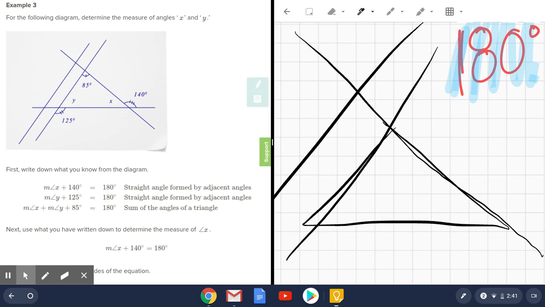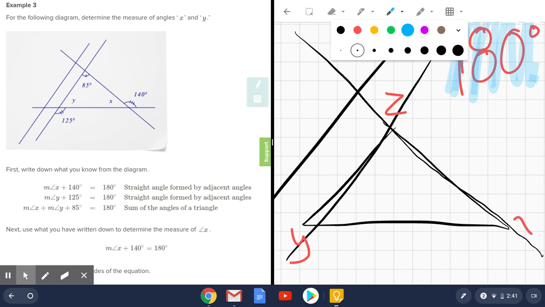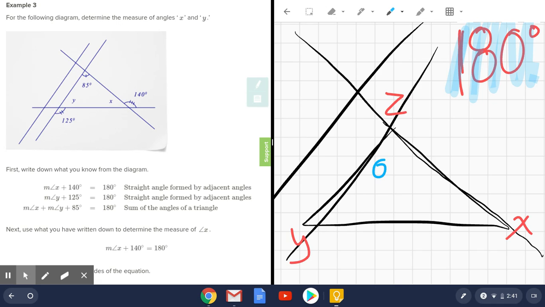So we have 85 degrees for angles X, Y. So this is going to be Z, X, and Y. Just to make it easier, I'm going to rearrange the colors here. So we know that triangle A is 85 degrees.